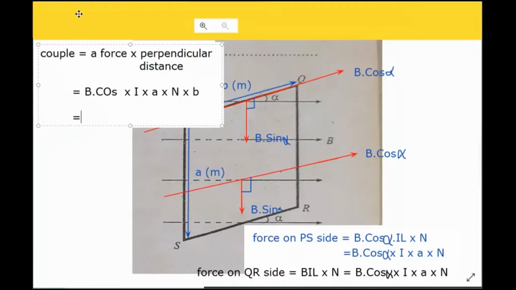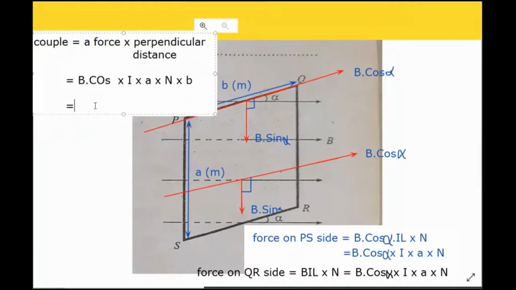Finally, we know that simple A into simple B is the cross-section area. So finally, I can write the equation in this format. A and B written together, A into B, into BIN cos alpha.